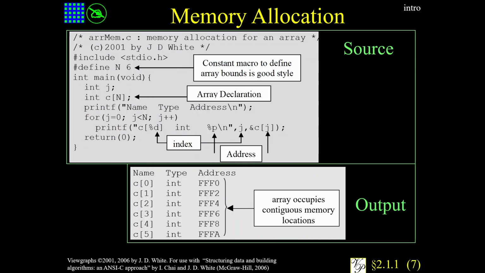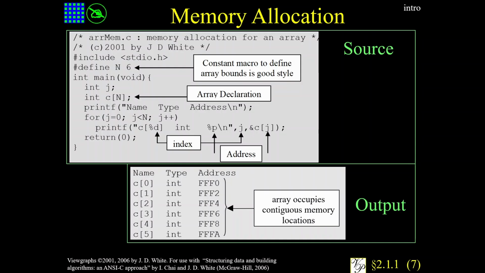Then we have a constant macro. Wherever n occurs in the program, replace it by 6. This allows you to change the size of the array very easily, just by changing n at the very beginning of your program. We then start the program, int main void, and declare an integer j.